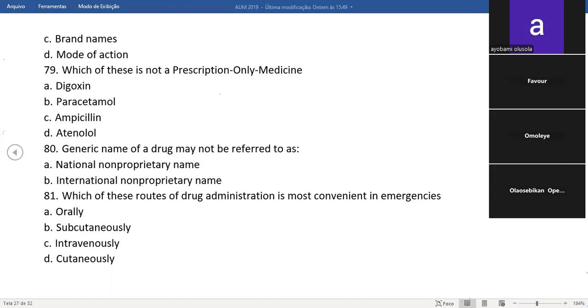Which of these route of drug administration is most convenient in emergencies? Intravenous. C.